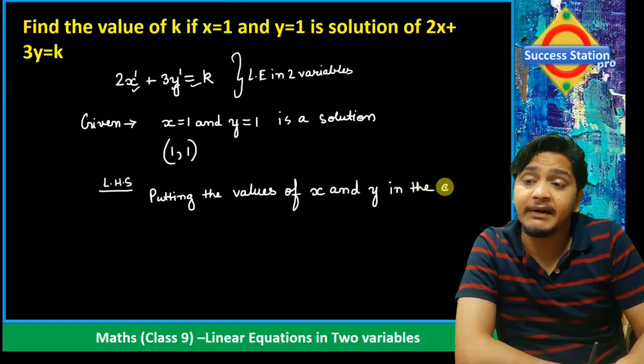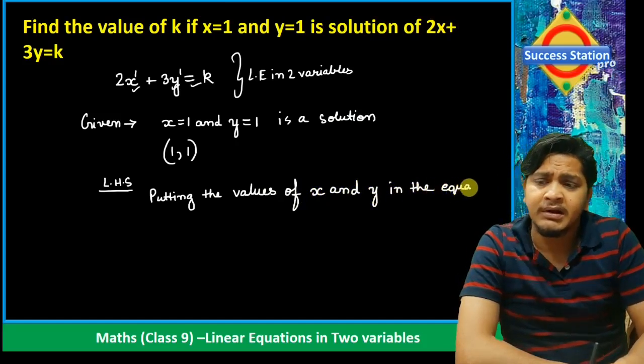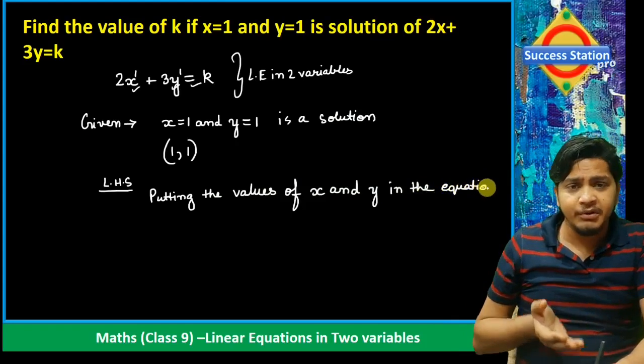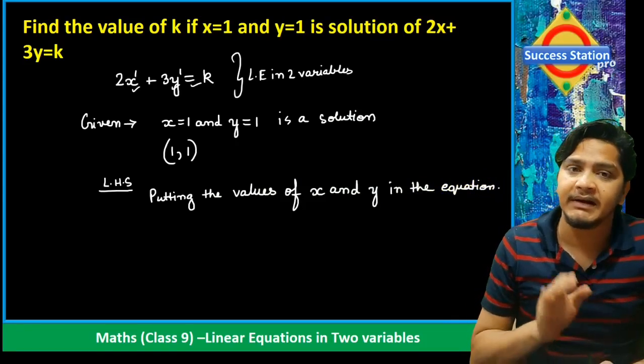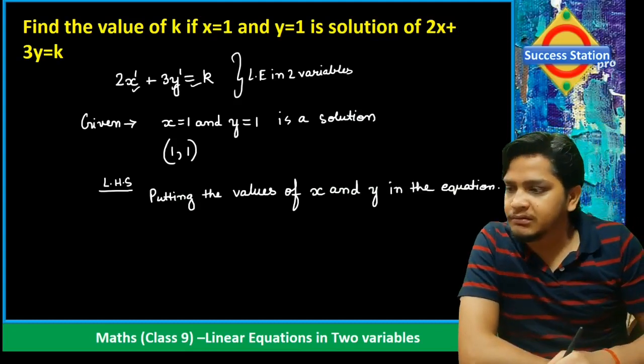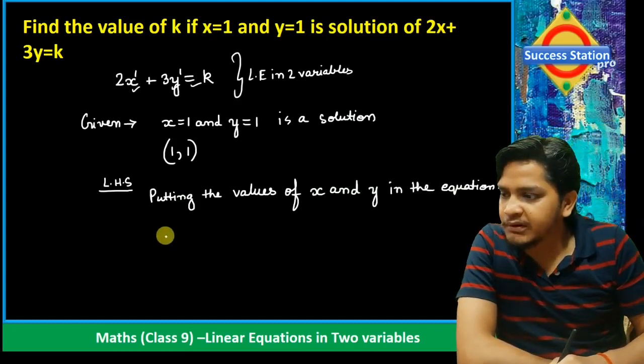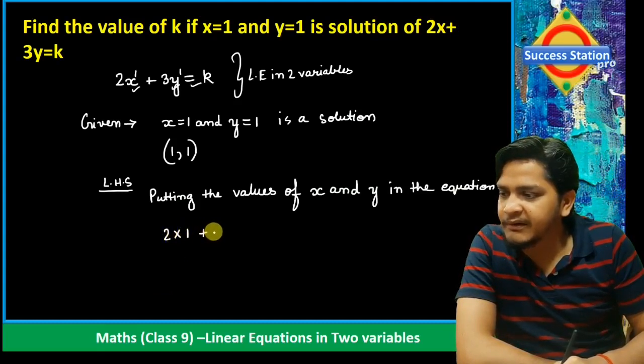When it is clearly given that it is a solution, then you don't have to take any tension because it will satisfy, because it is already given that it is a solution. So we'll put 1 in place of x and 1 in place of y.